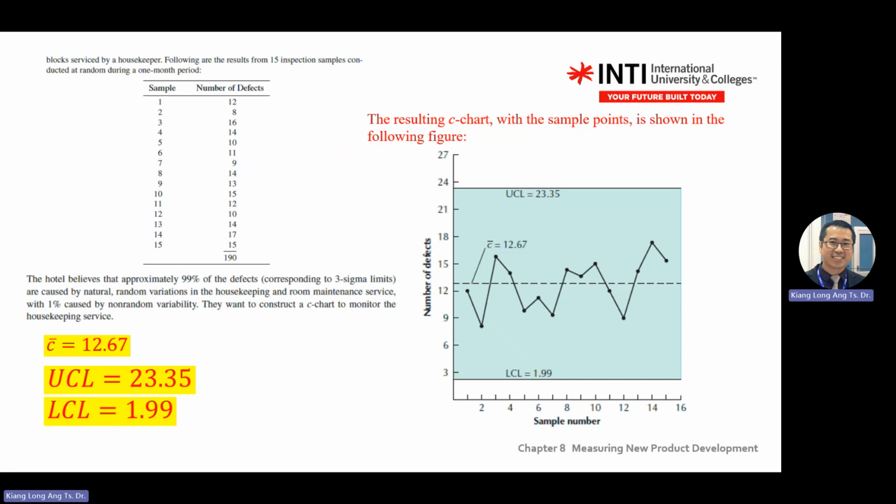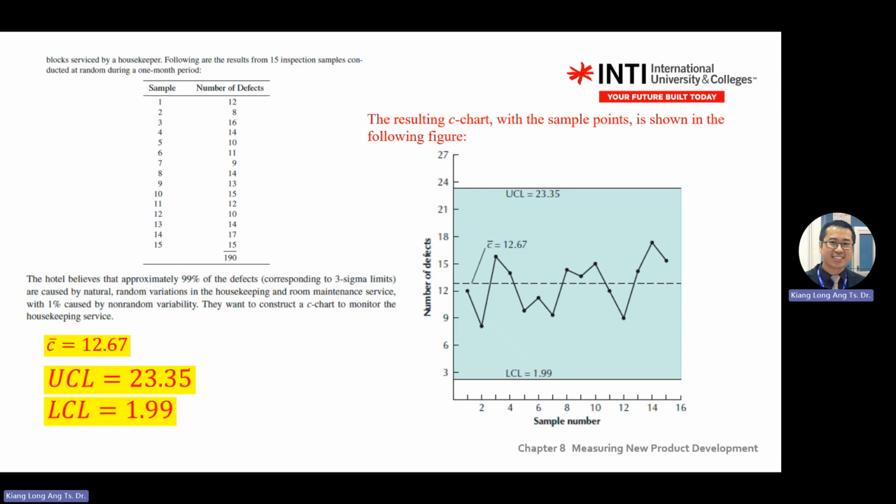If you write this answer in your solution, no marks for that. Why in control? It's like playing badminton. How do you know whether the ball is out or in? You look at the line, right? So it's whether all the dots are inside or outside.